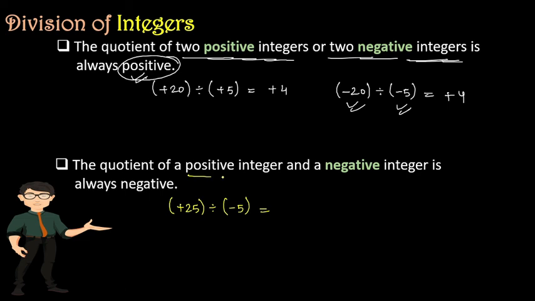The rule says that when you divide a positive integer by a negative integer, or a negative integer by a positive integer, your answer is always negative. In this question, one number is positive and the other is negative. Therefore, the answer will be a negative integer, that is minus 5.